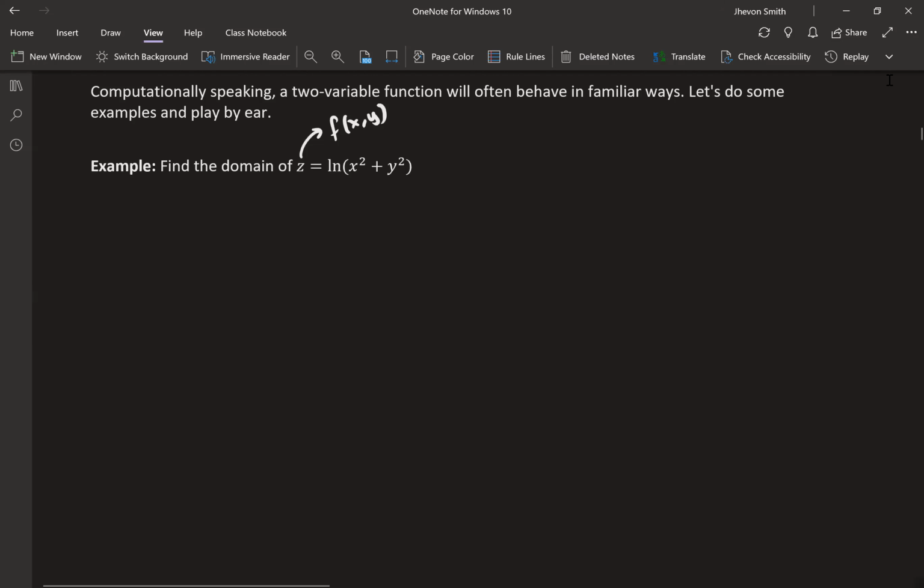This is for you guys. Domain of this function. All real numbers x. You've only told me about one of the inputs. All real numbers x and y. Tell me, what do you know about the logarithm? What is the domain of a logarithm?